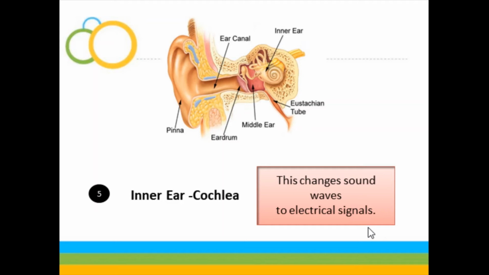Those are the 5 important parts: the ear canal, the pinna, eardrum, middle ear, and inner ear, specifically the cochlea.